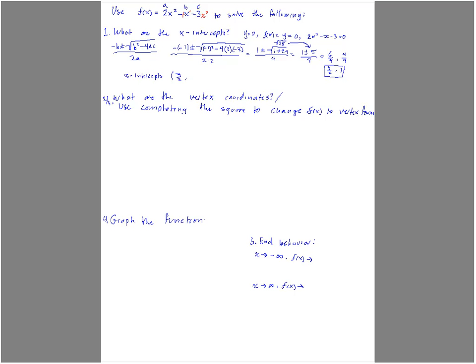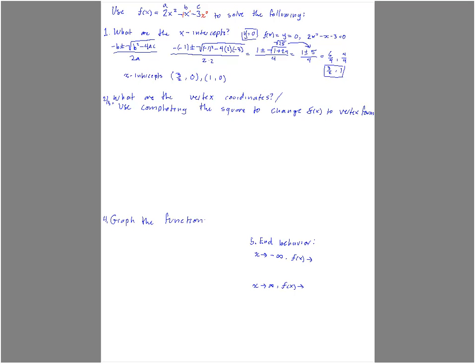And your y values, as explained at the start of solving this, are equal to 0. So you have 3 over 2, 0, and 1, 0.